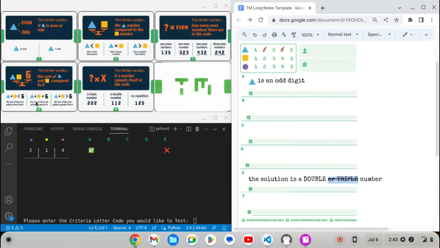So let's see. I'm thinking that's what it's going to be: odd, even, odd. So I think criteria card B would be a great choice to test. Let me go ahead and test B.